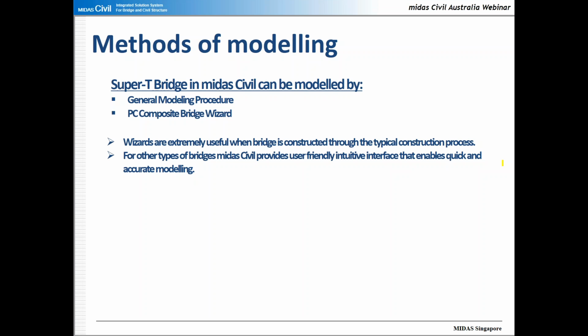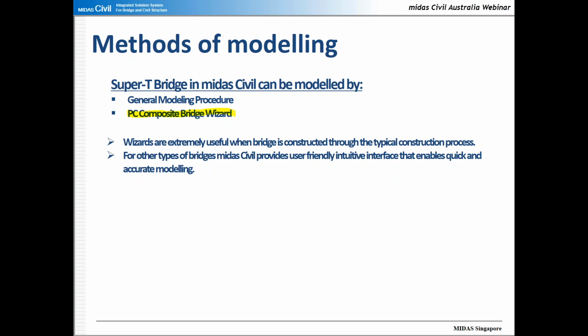Then the other option that we have for Super T bridges is the PC Composite Bridge Wizard. In 5 simple steps, we can model every shape of the Super T bridge. Even if it is a curved or a skewed bridge, we can easily model each and every shape using this bridge wizard.